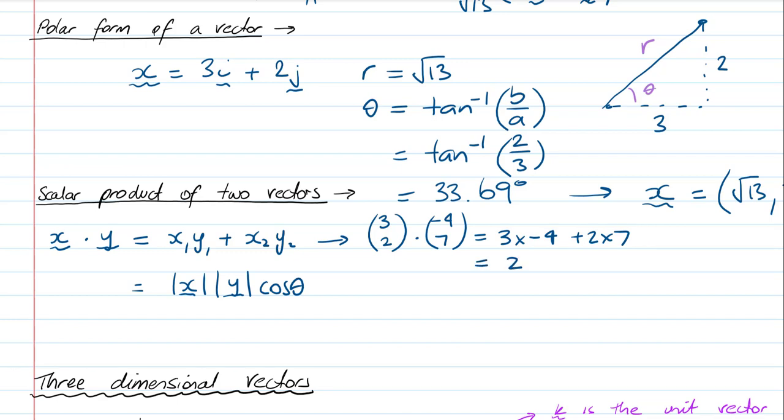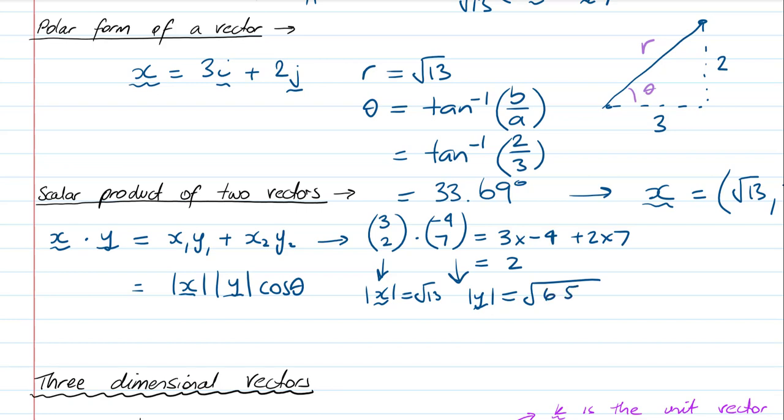Now we also know that the magnitude of x is equal to root 13, and the magnitude of y, I'll just do this quickly, is equal to the square root of 16 plus 49, which is 65.